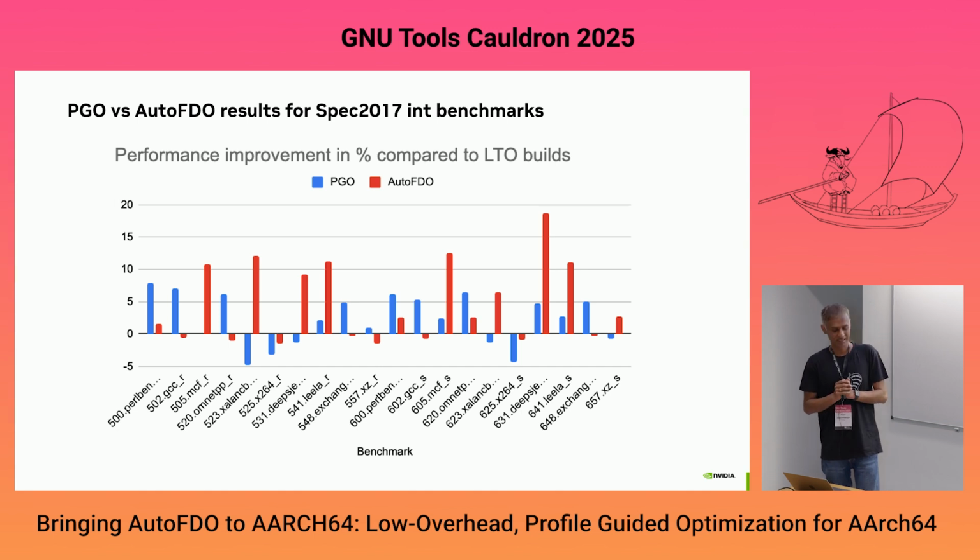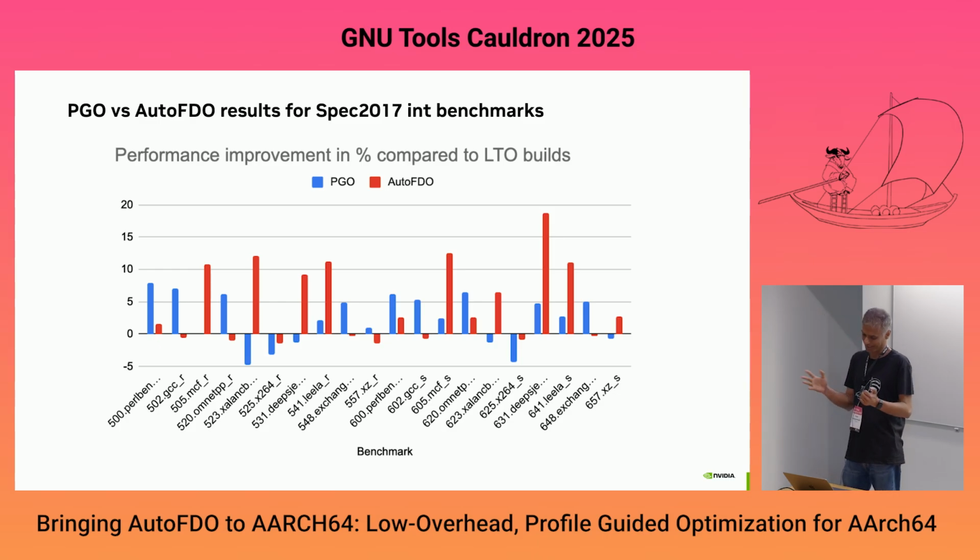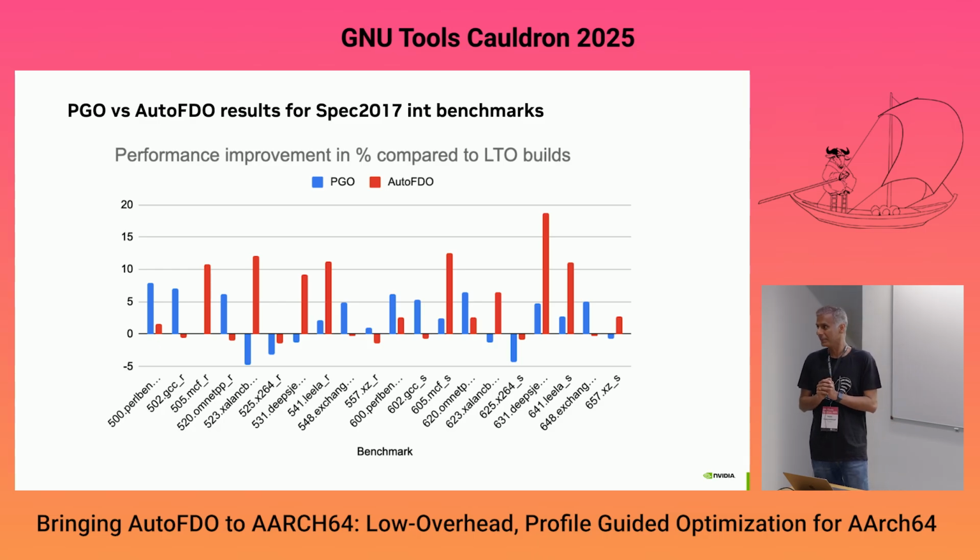But still, this is not performing as we would want it to. There is roughly about a 4% geomean regression compared to the base case of LTO, as opposed to PGO, which has about 2% performance. I think that is quite similar to the numbers Honza showed.